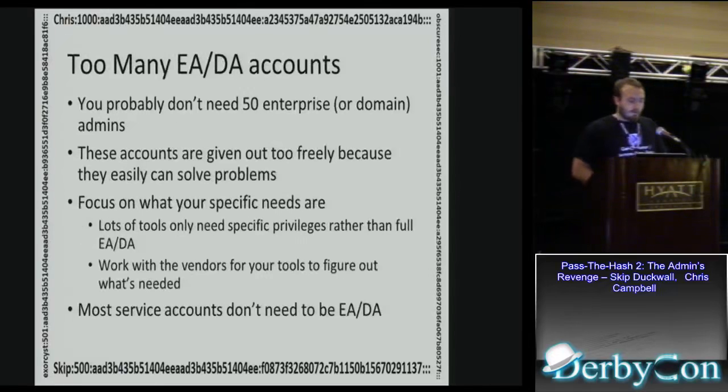All right, so this is a problem that's near and dear to my heart. As a previous enterprise admin, domain admin, I was a part of a group that was really good, and they were trying to limit this stuff. So I got kicked out of the domain admins group, and I was a little upset about that. I eventually worked my way back into it, but you probably don't need 50 enterprise admins. How many do you probably need?